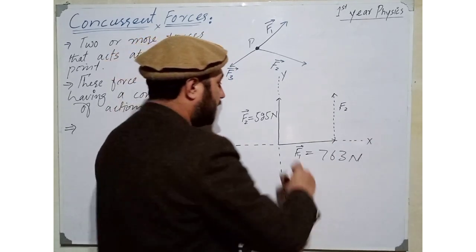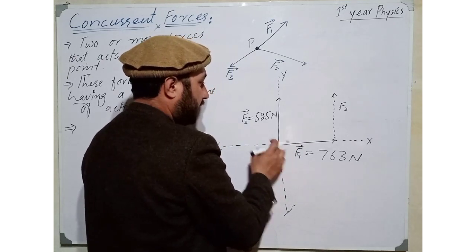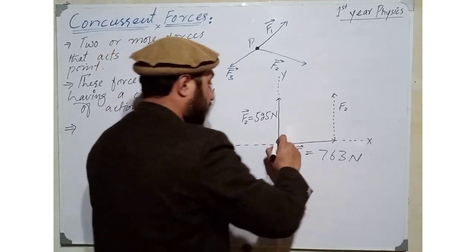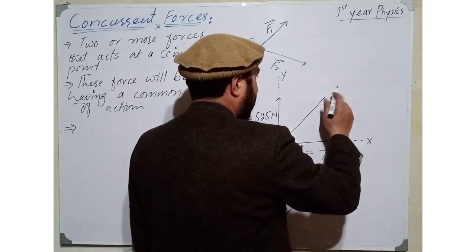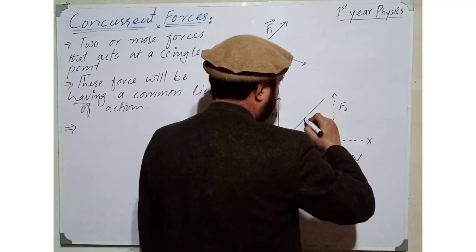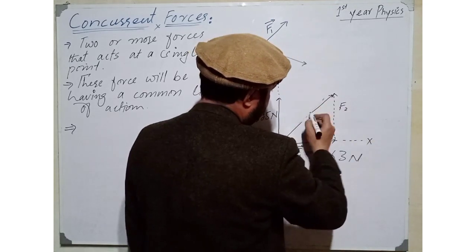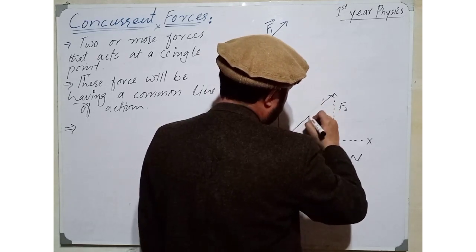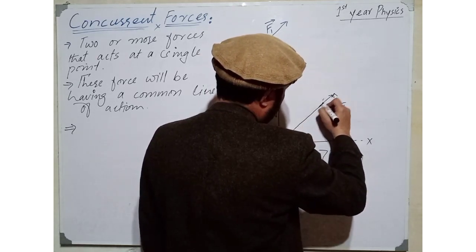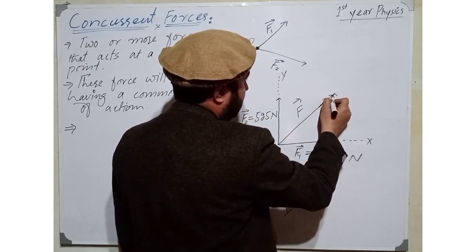Then in order to find the resultant, as this is the origin and the tail of F1 starts from the origin, we have to join the tail of the first vector with the head of the last vector. So this will be our resultant force. It has to be a straight arrow. So this will be the resultant force F pointing in this direction.